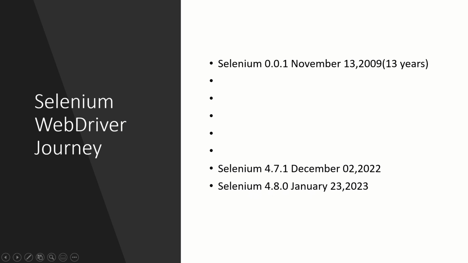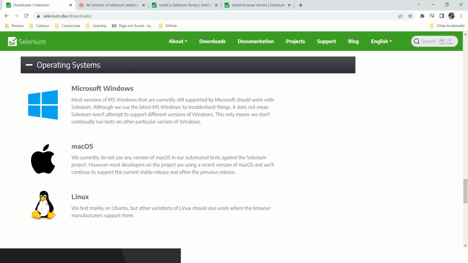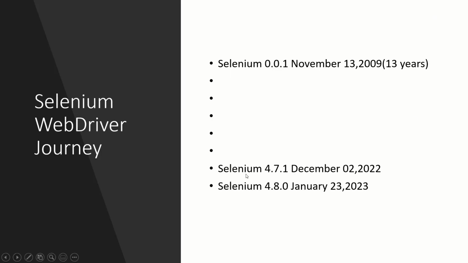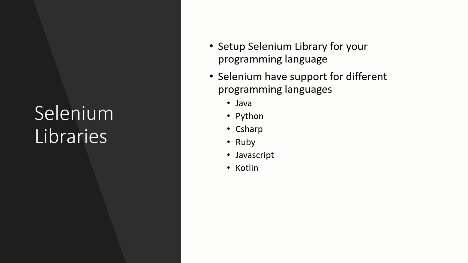I can show you how fast the development of all versions was done. So here is the first page where you can see that there are a total of 212 versions, and the latest version of Selenium is 4.8.0. So this is the brief journey of Selenium WebDriver.